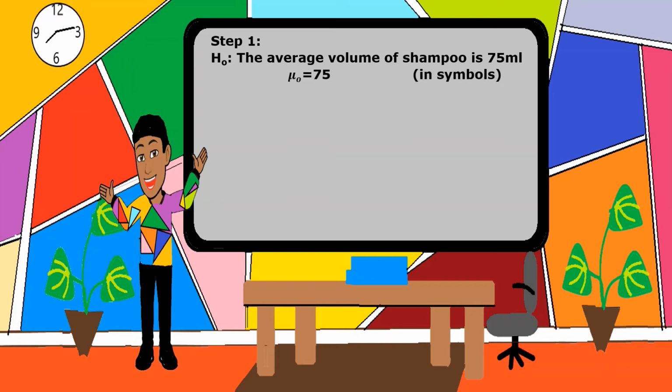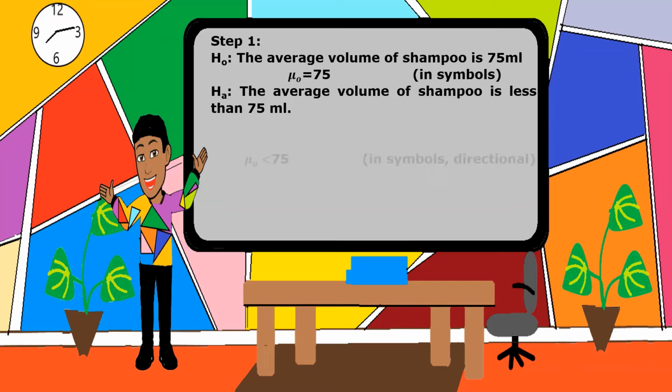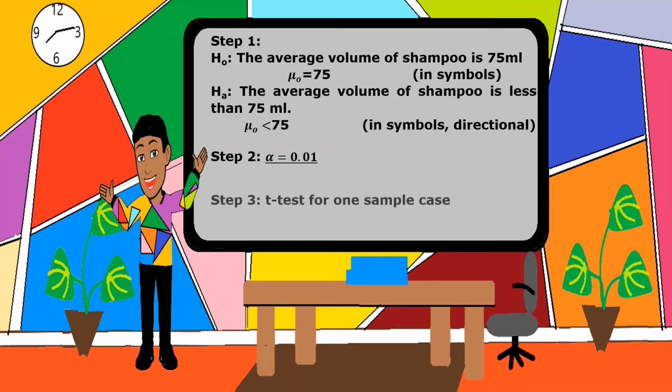And then we have here the hypothesized mean, which is 75 in symbols. Then alternative hypothesis: the average volume of shampoo is less than 75 ml. In symbol, hypothesized mean is less than 75 and it is directional because of the less than. Step 2. Alpha is equal to 0.01 and step 3, t-test for one sample case.